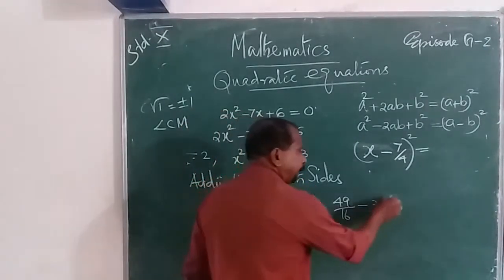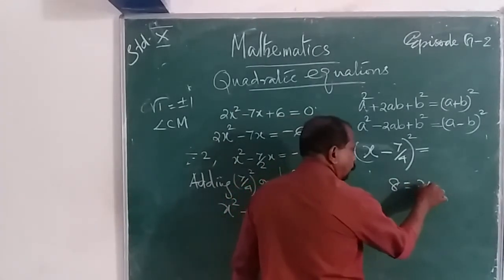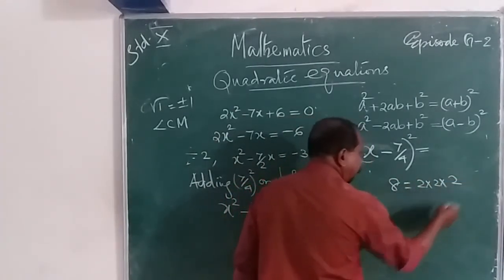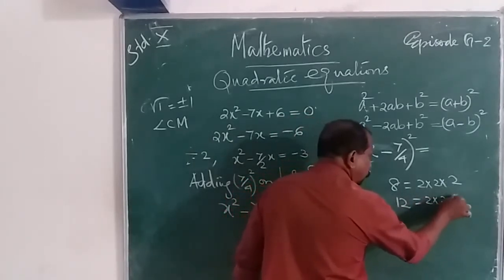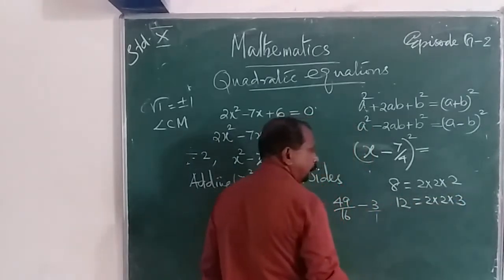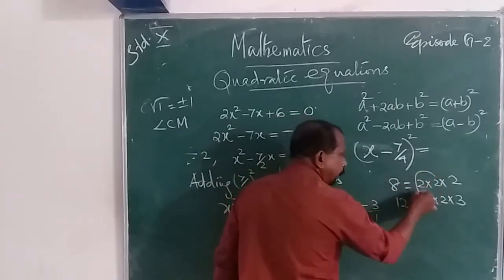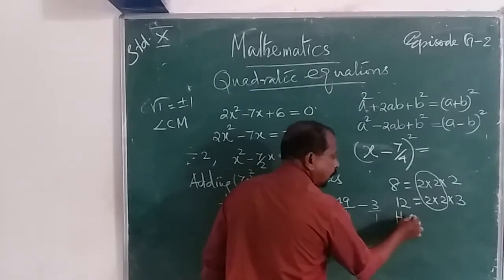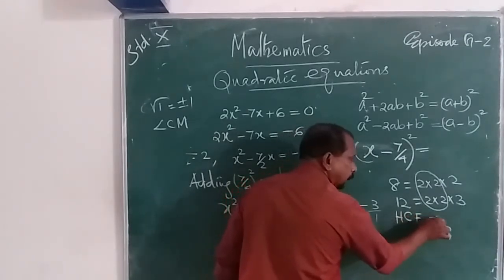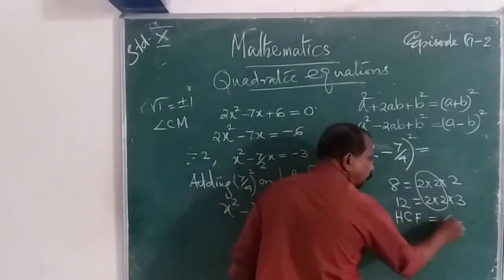For example, 8 is equal to 2 into 2 into 2. 12 is equal to 2 into 2 into 3. Therefore, the common part between these two is 2 into 2. That is known as highest common factor, HCF. That is equal to 4.